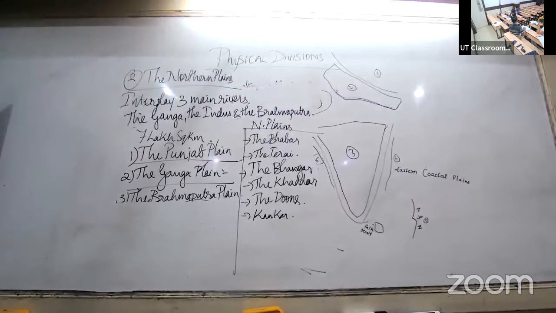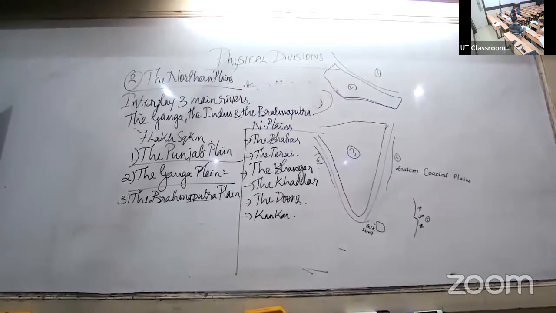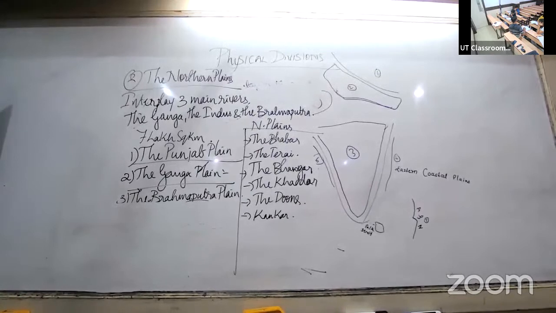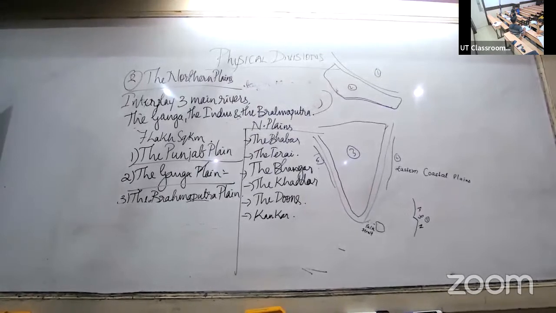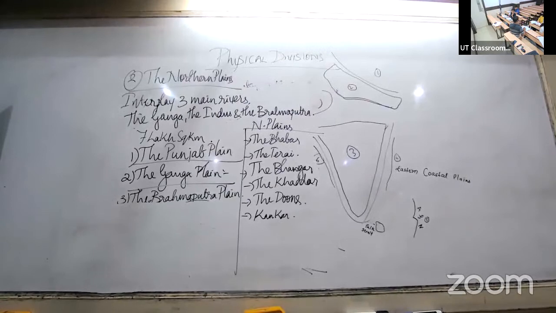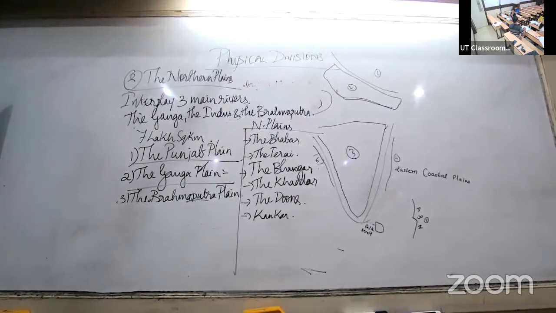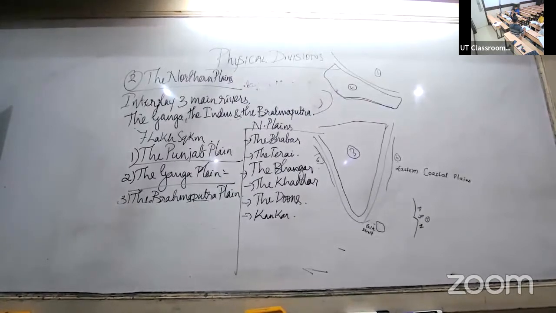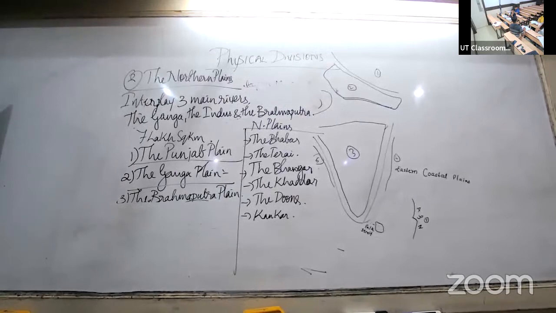Where did the underground stream go? It went inside the Bhabar, and where does it come out? Tarai. Tarai is a marshy area. If you have ever been to the Sundarbans area, there are mangroves. So that river which has gone deep into Bhabar has come out from where? From Tarai. Okay. So the total area is drained to the thick forest.